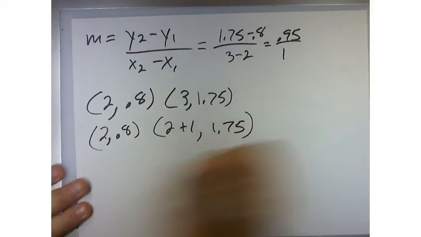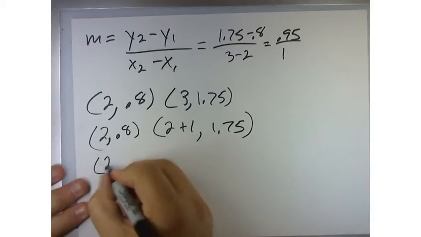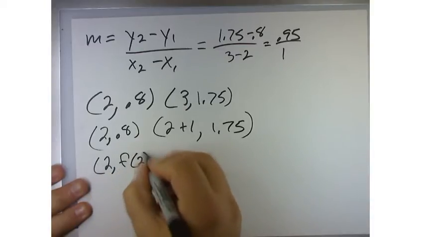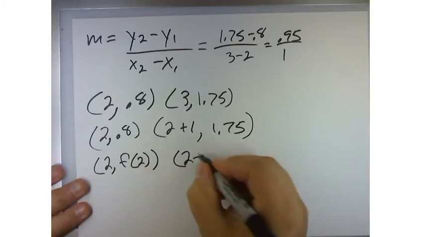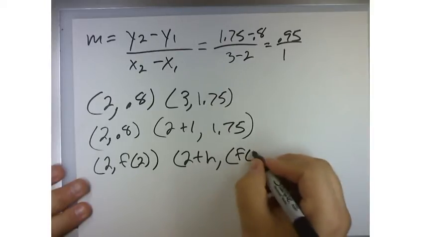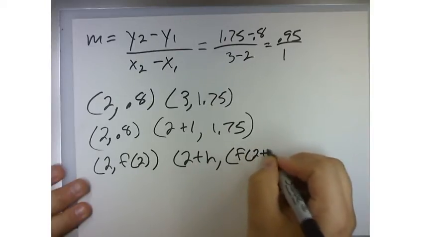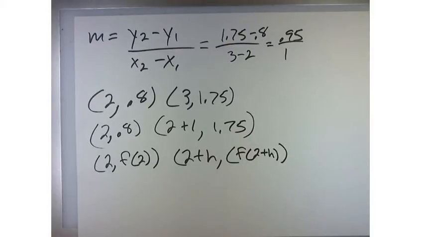And if I really wanted to be fancy about it, I could say that this is (2, f of 2), the function evaluated at 2, and this is (2 plus h, f of 2 plus h). I could have written it like that, couldn't I have?